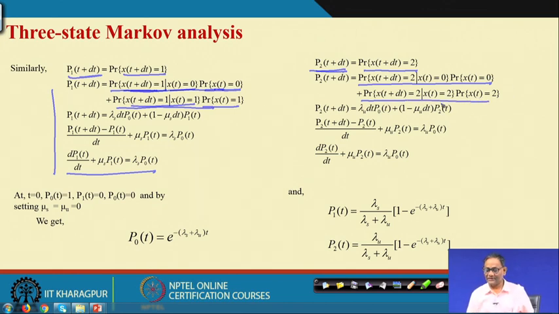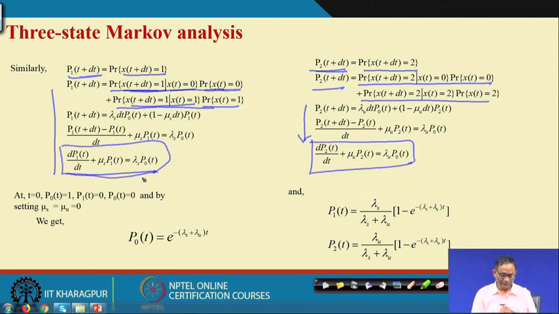Every scenario's probability is computed, these two are summed up to get this, and then through algebraic manipulation again we got this equation. So, you have 3 differential equations for P0, P1 and P2. So, 0 for the normal state, 1 for the fail safe state and 2 for the fail unsafe state.